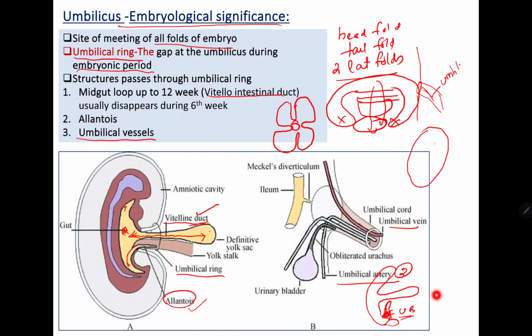First structure we can see is the vitello-intestinal duct passing through. Then we have another structure, the allantois, and we have one umbilical vein and two umbilical arteries. So we have 1, 2, 3, 4, 5 structures present at the umbilical ring.